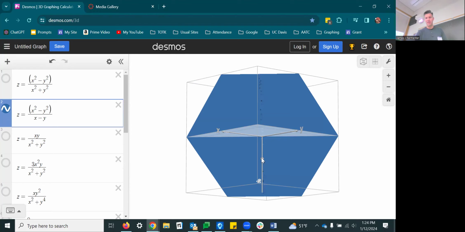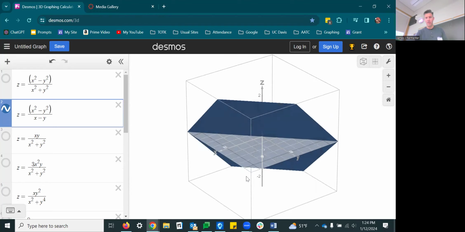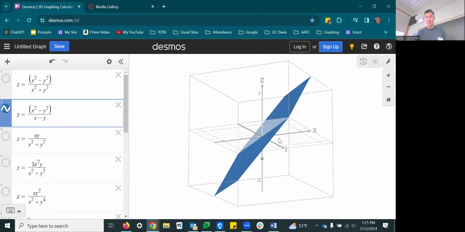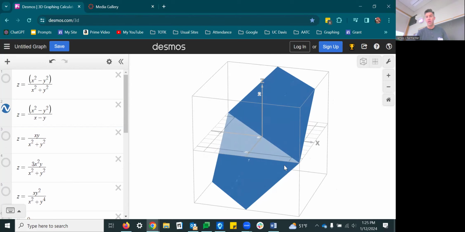So, this looks kind of super funky, but there's your plane, z equals x minus y. And you can see that no matter which direction x, y approaches 0, 0, the z value is going to be getting closer and closer to 0.